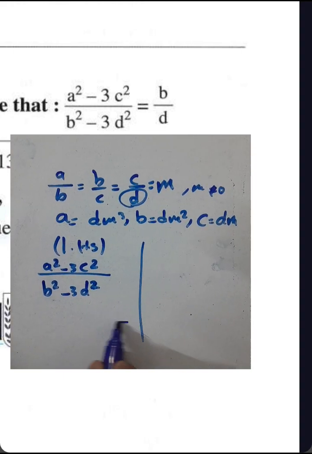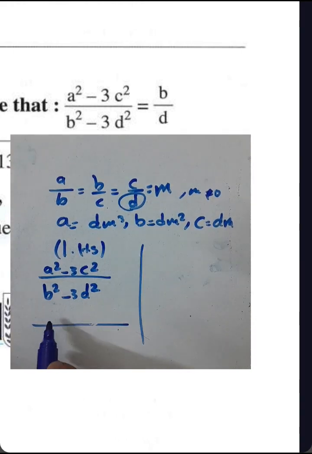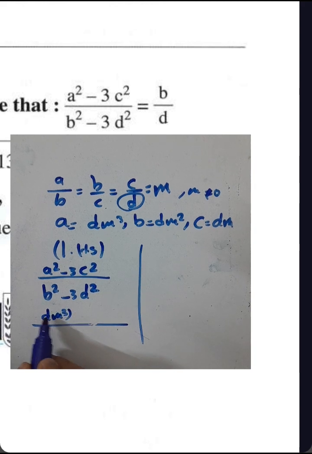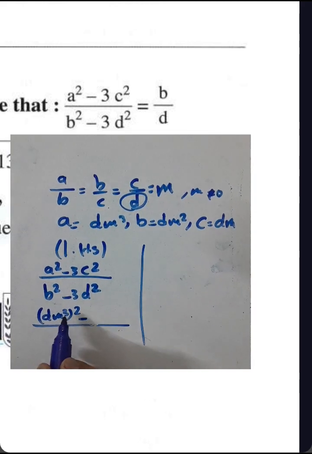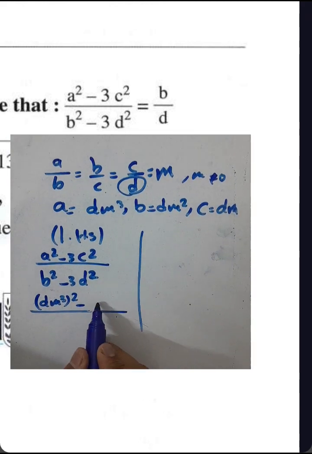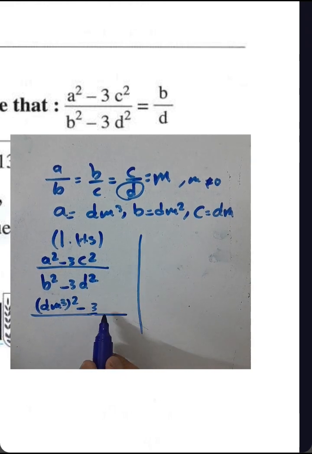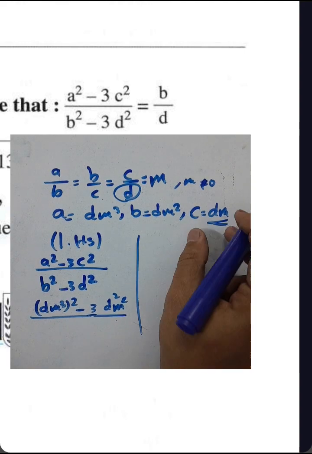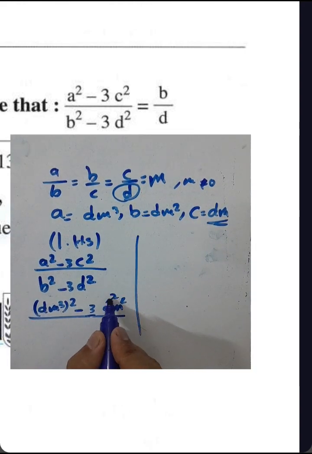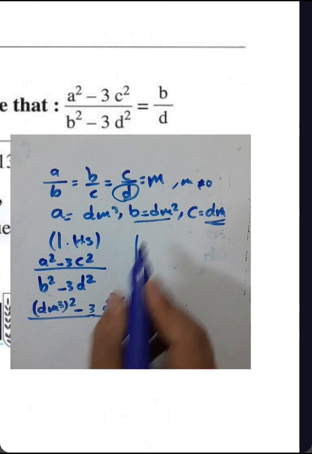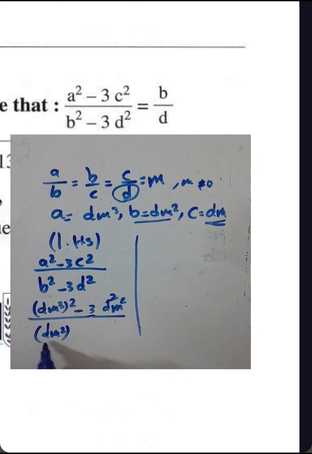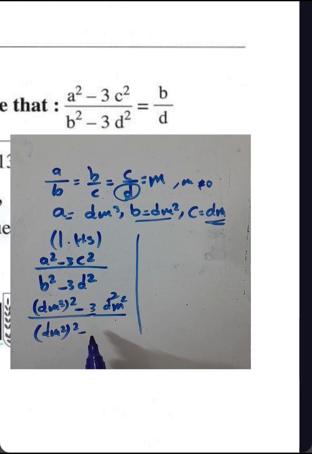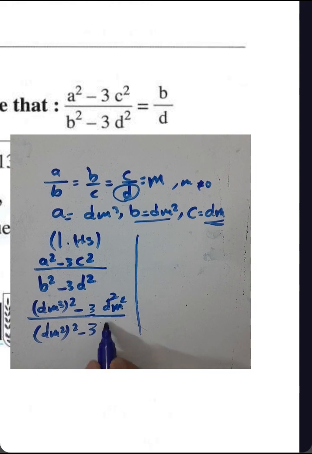Okay, you can write a here as dm to the power 3, raised to the power 2, minus 3 c squared over b squared, b being dm squared, raised to the power 2, minus 3d squared.